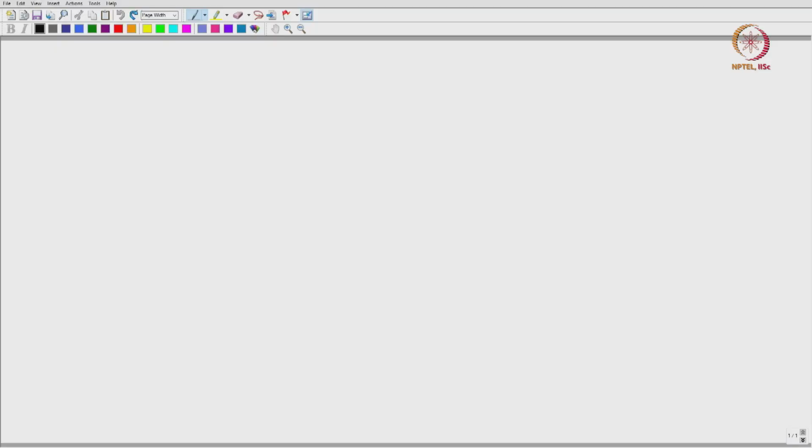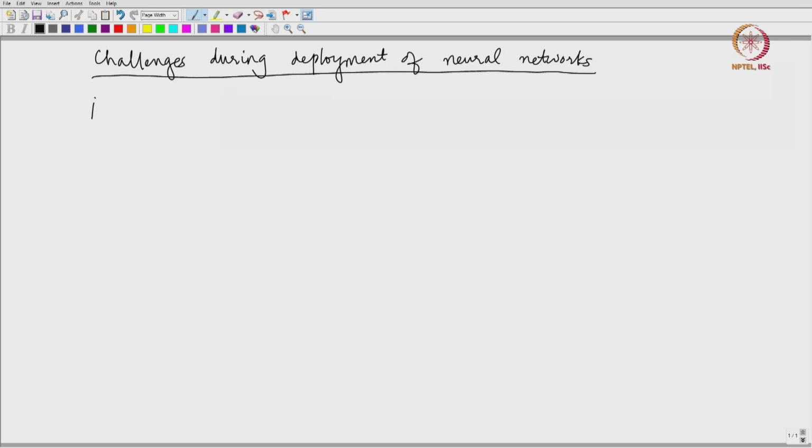So as I said, we were talking about the challenges during deployment of neural networks, and we have already discussed two of these issues. The first one was overfitting, and I already explained how we deal with it, and the next one was the vanishing gradients problem.